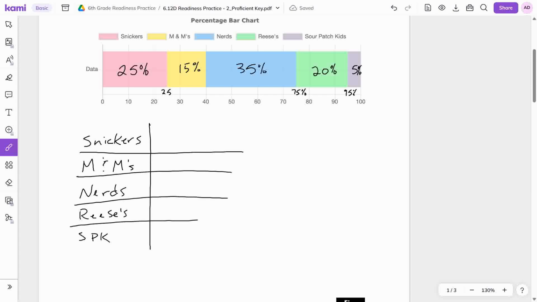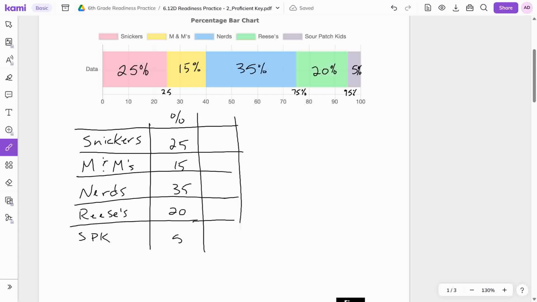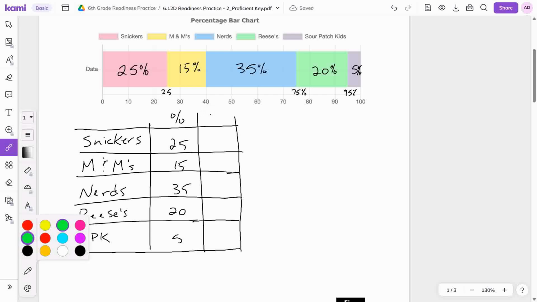All right, so our first column here is going to be our percent. So that's our 25, 15, 35, 20, and 5. Now what we need next is our answers, which is our actual number. So I'm going to put a dollar sign right here, and I'll do it in green because that's going to be our answer.